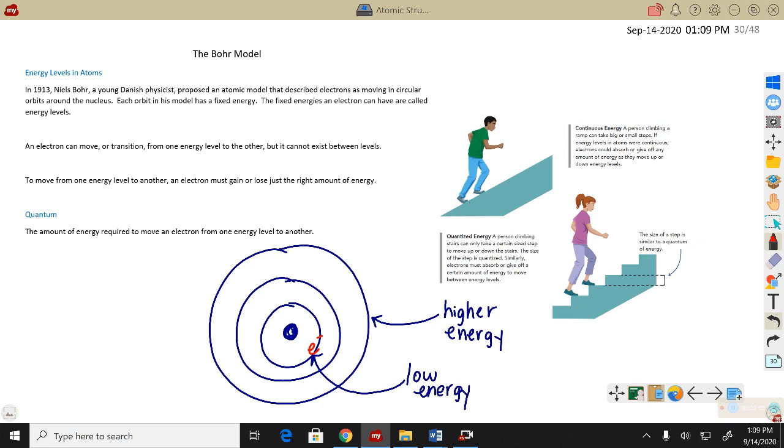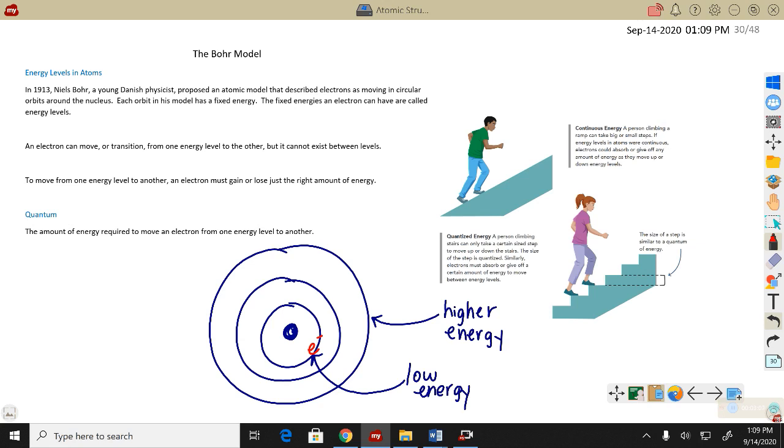And to move from one level to another, an electron must gain or lose the exact, perfect amount of energy. So if you're trying to move up the energy levels, you can't go to energy level 2 until you have exactly that amount of energy.